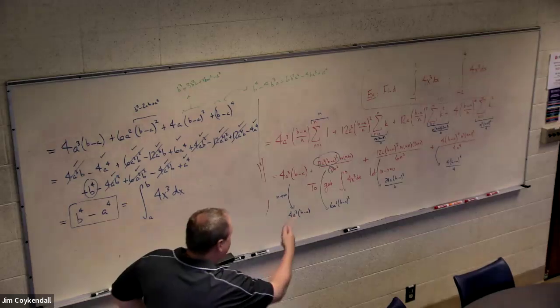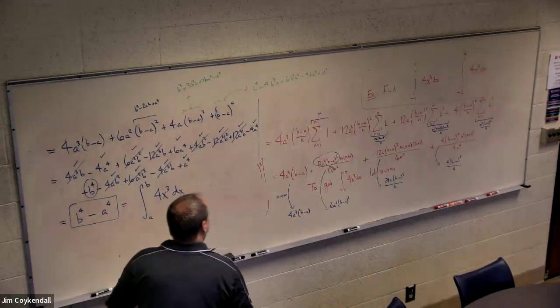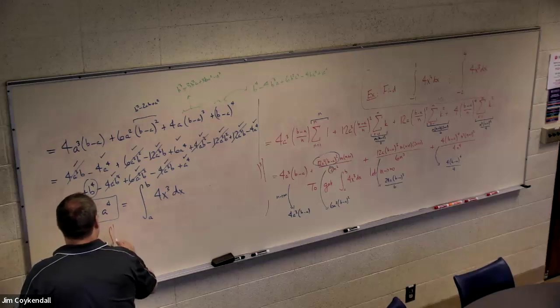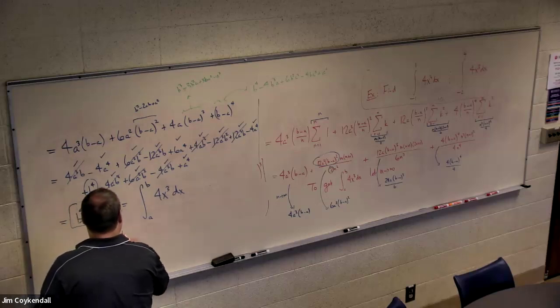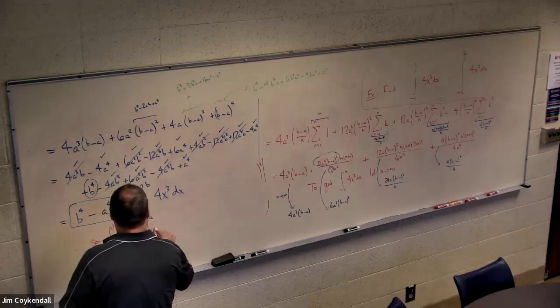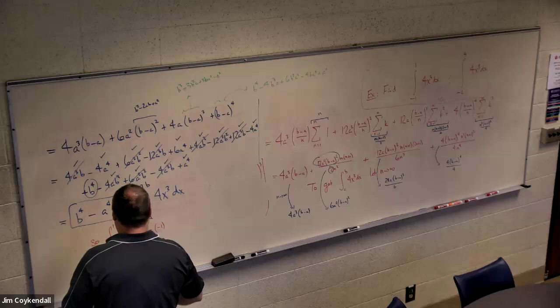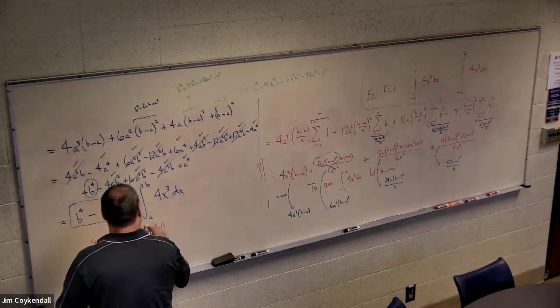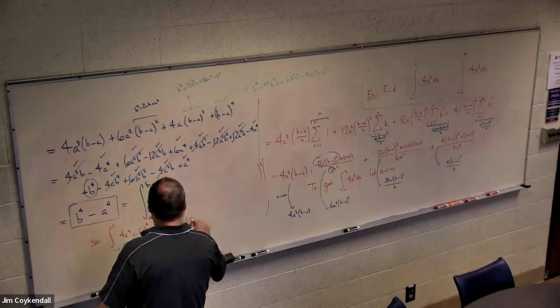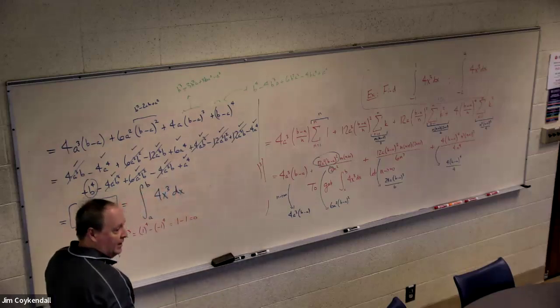So let's answer the question. My original question: the integral from -1 to 1 of 4x cubed would be 1 to the 4th minus (-1) to the 4th, which is 1 minus 1, which is 0. That's what we do.